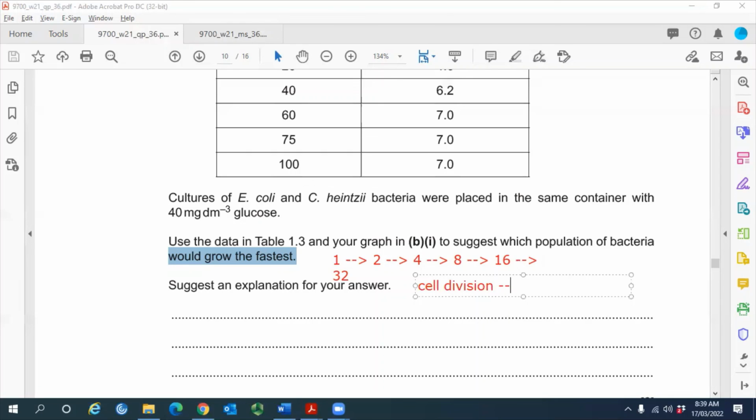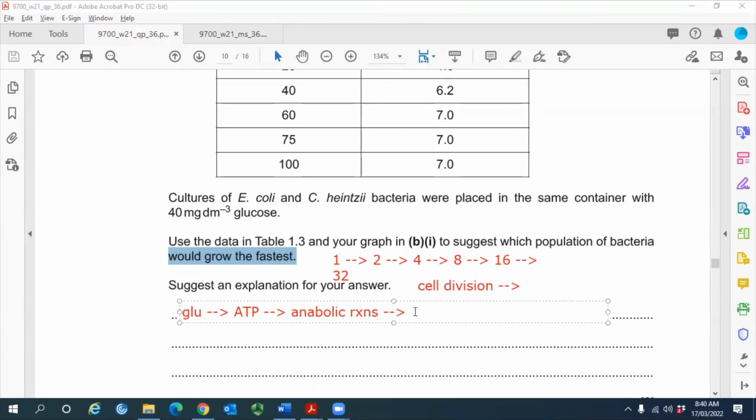So when a cell divides, why does it need glucose? To be more specific, glucose is needed for aerobic respiration to produce ATP, which is needed for anabolic reactions, so all the reactions that synthesize. So when a bacterium grows, when a cell divides, what do you need to synthesize?